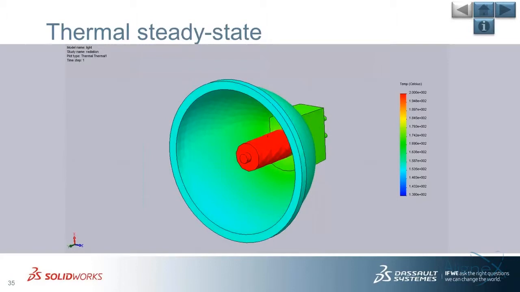What a thermal analysis does is it allows us to set up thermal heat sources or temperatures and simulate what the temperature distribution will be in the model. Okay, so we can do a steady state case where we have the thermal load set up, and it basically will run until it reaches the steady state where the temperature distribution is no longer changing.